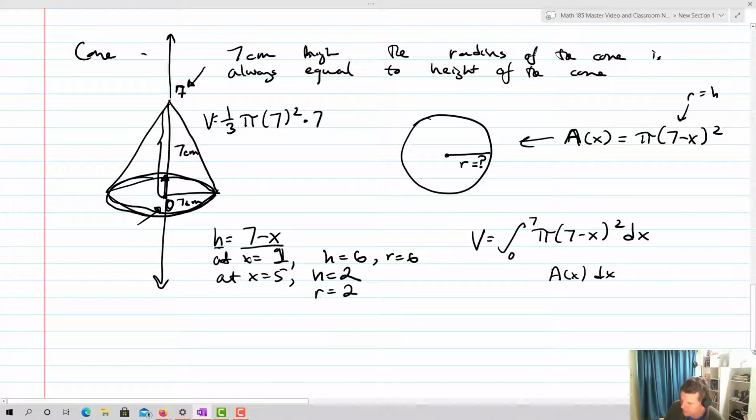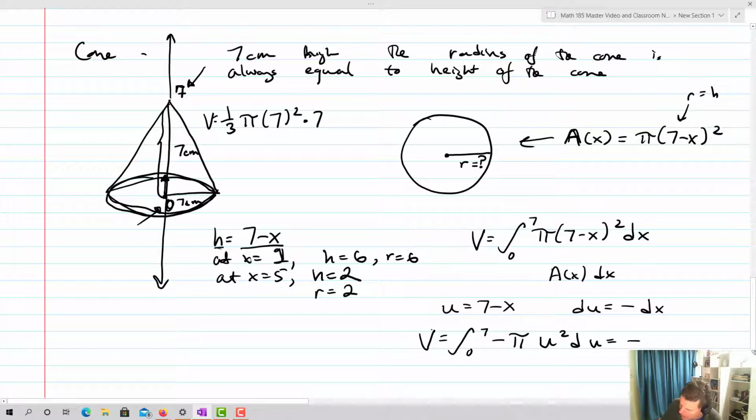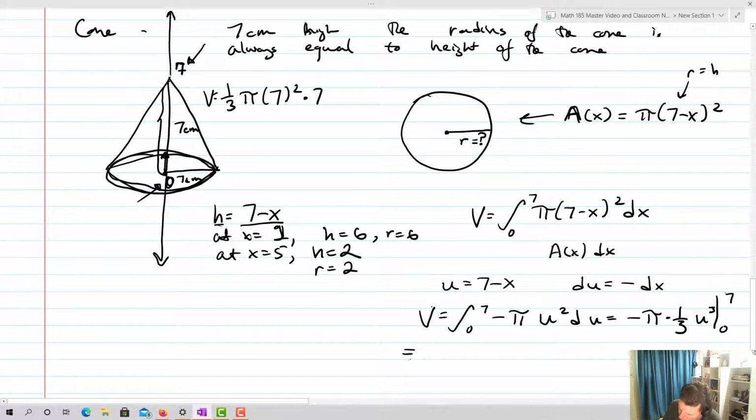We'll use a u substitution, so we'll let u equal 7 minus x, and we'll let du then equal negative dx. So V is going to end up equaling the integral from 0 to 7 of negative pi u squared du, which is equal to negative pi times 1/3 u cubed from 0 to 7. We're going to then resubstitute, so we'll get negative pi times 1/3 times (7 minus x) cubed, evaluated from 0 to 7.